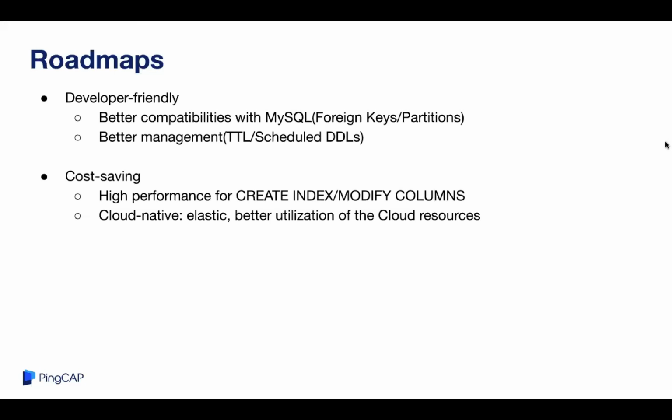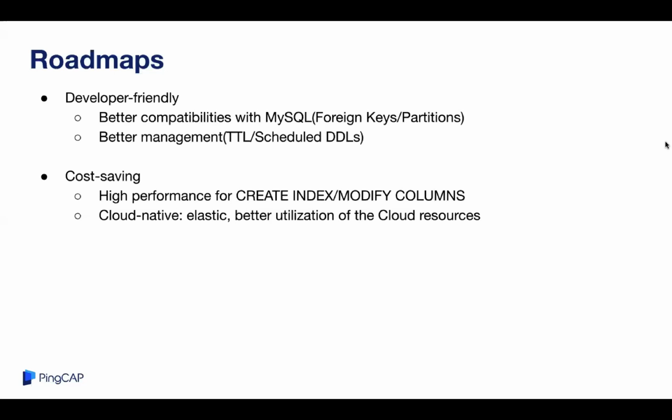Another major direction is cost saving, where we provide higher performance for some heavy DDLs, like create index and modify column. We want to better utilize the resources of the cluster to make them faster. We can also imagine that on the cloud, a lot of the processes can be optimized.